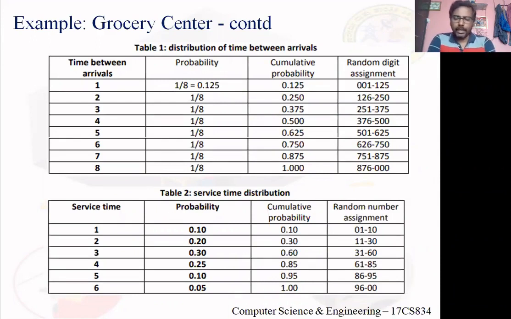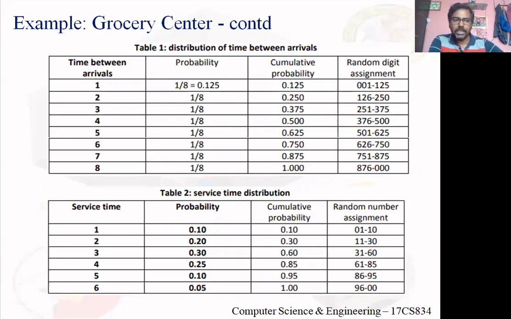Okay. Now I'll tell you what is the need of random digit assignment in both the cases. In this example, I won't give you values of inter-arrival times and service times.